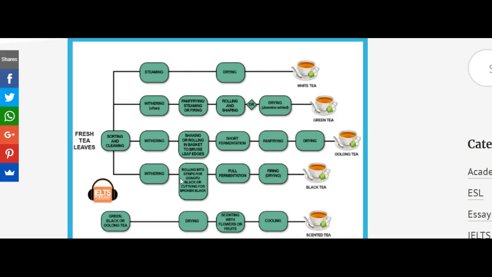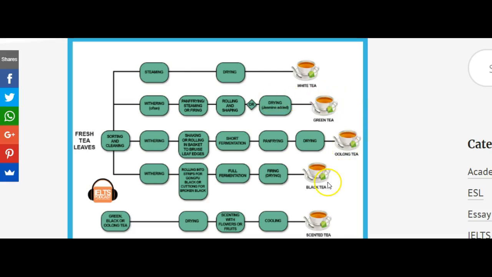Okay? Additionally, green tea, instead of being rolled and shaped, could be dried with the addition of jasmine, and then its process is done.